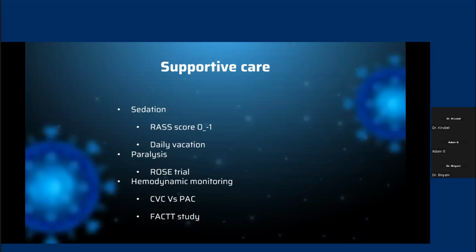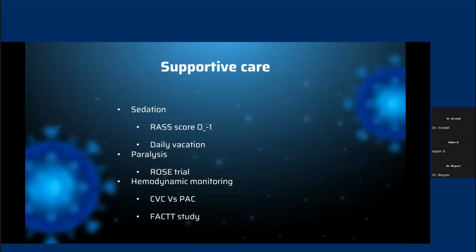The other one, hemodynamic monitoring. It is very crucial in the monitoring of these ARDS patients, both non-invasive and invasive. The non-invasive ones you already know, so we have non-invasive monitoring and on top of that invasive monitoring: central venous catheter and pulmonary arterial catheter.